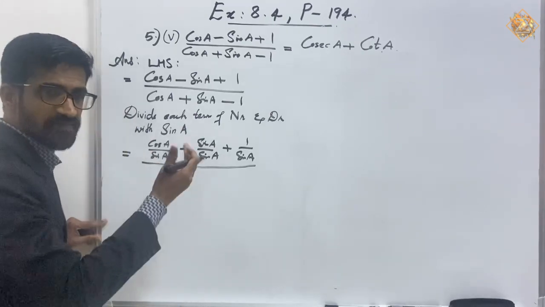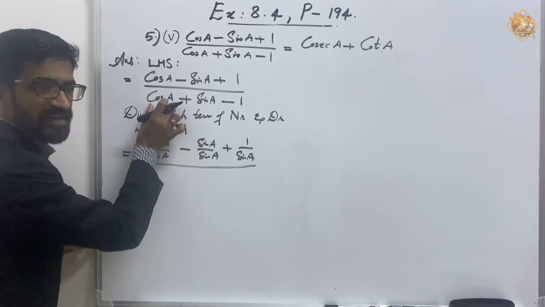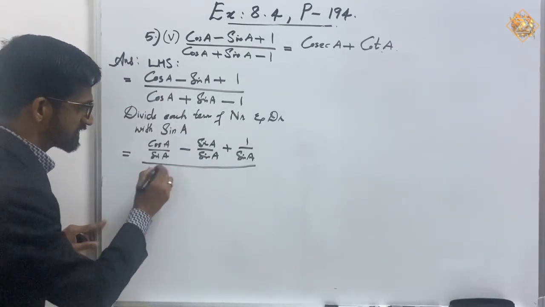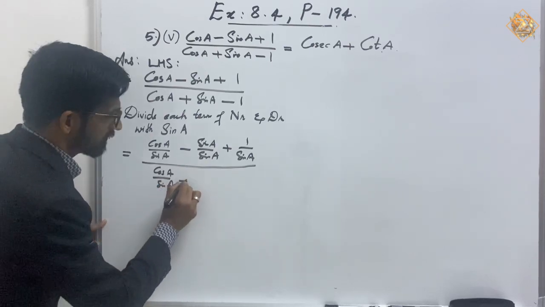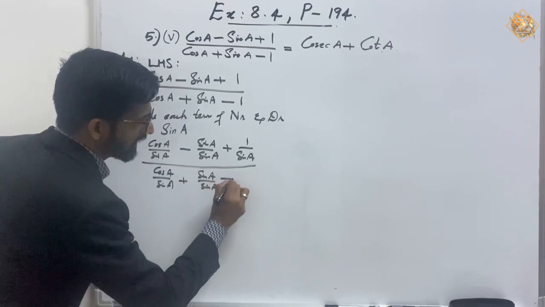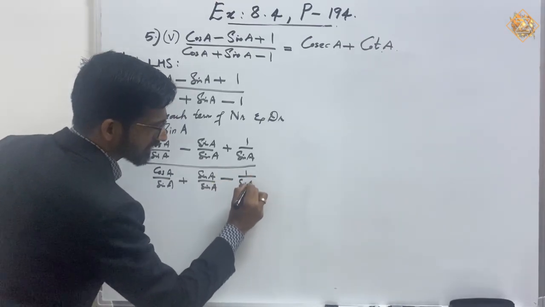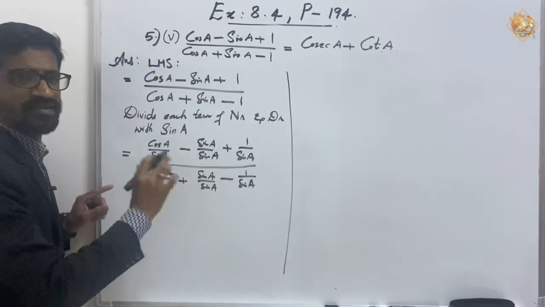How can we remember that? That I will show you just now. Now we are dividing all the terms of the denominator also by sin A, that is cos A by sin A plus sin A by sin A minus 1 by sin A.